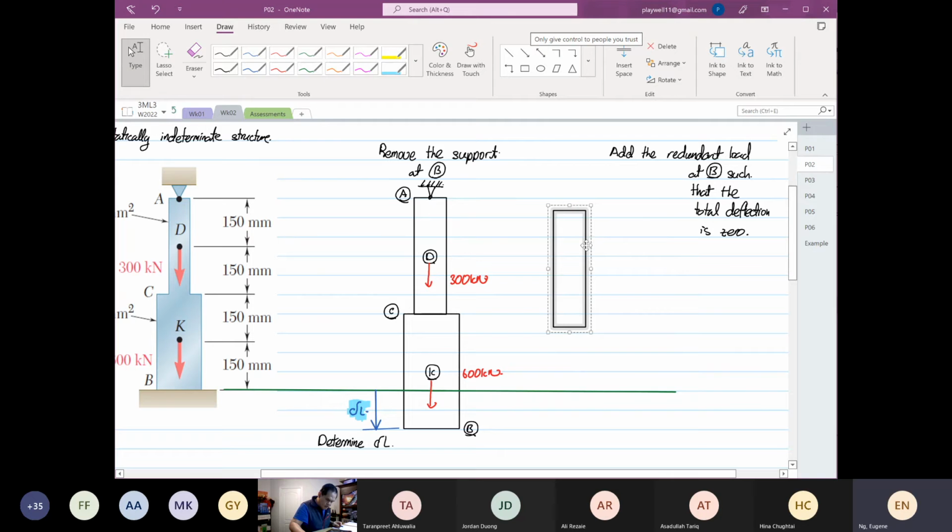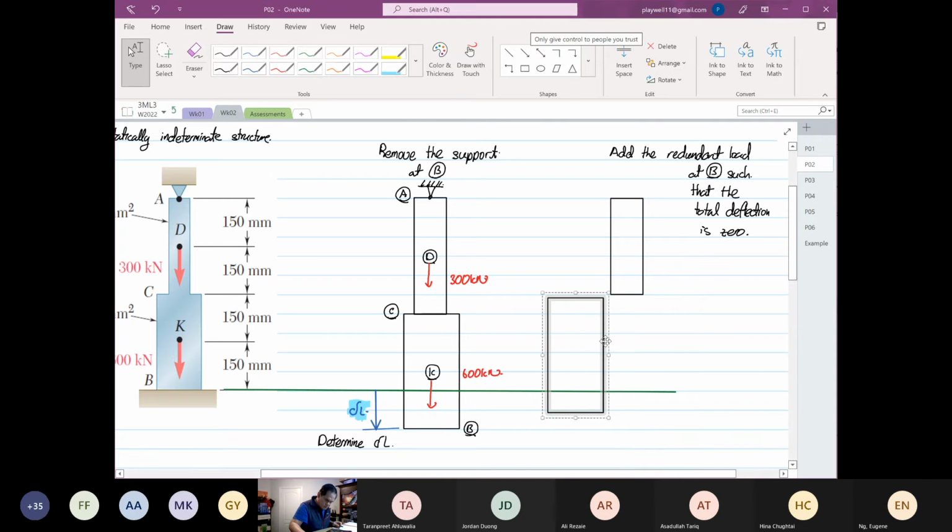Okay. So this is our structure. When you put a redundant load, the redundant load will push the structure back to its original position. Okay. It will push it back. So again, I'm going to label this as our point A, point D, point C, point K, and this is our point B, right?